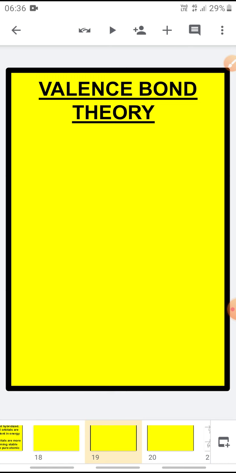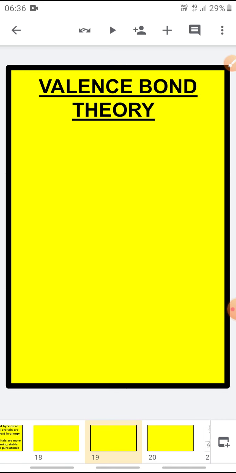Now children, coming to the valence bond theory. It is based on the knowledge of atomic orbitals and the electronic configuration of atoms. It also includes the overlap criteria of atomic orbitals and the hybridization of atomic orbitals.